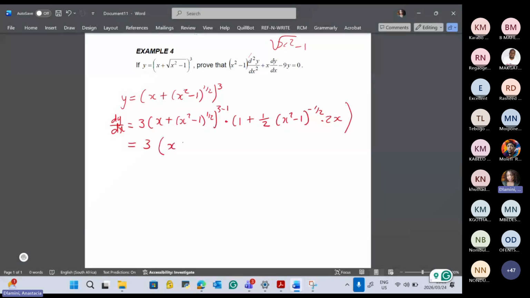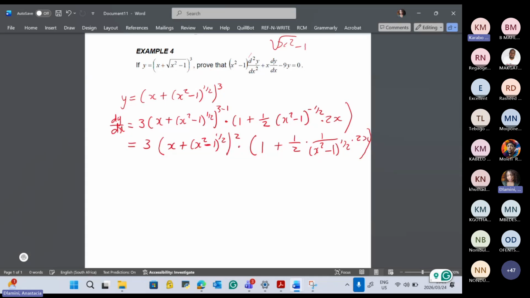3x plus, so this becomes x squared minus 1 to the power of half squared times 1 plus 1 over 2. Do you agree that the power of half becomes 1 over x squared minus 1 to the power of half times 2x?